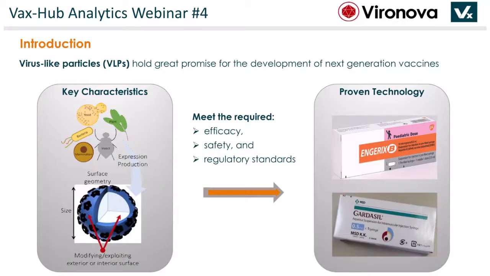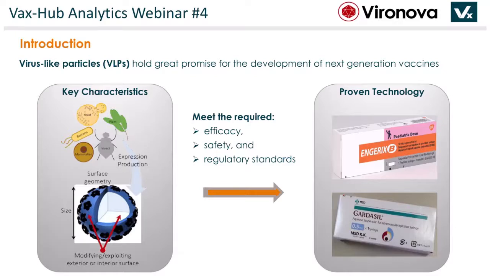A little bit of background about VLPs. VLPs hold key characteristics that make them an efficient platform for vaccine development. For example, they can be produced in a variety of systems such as yeast, plants, insect, and also cell-free systems.